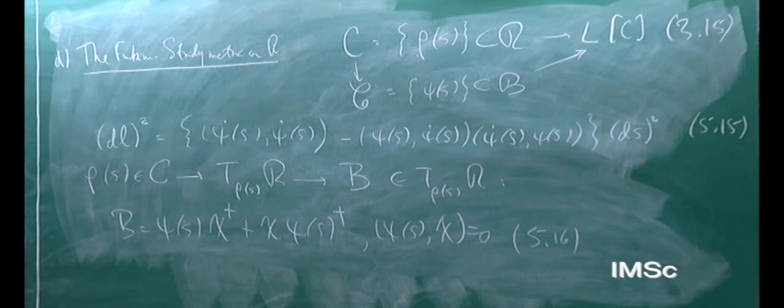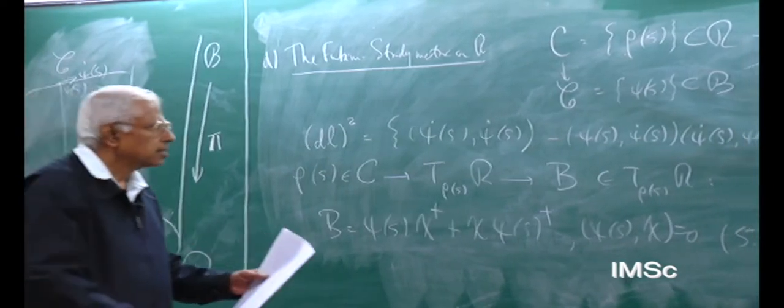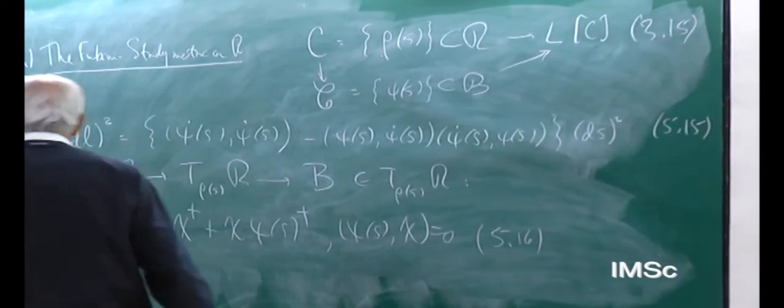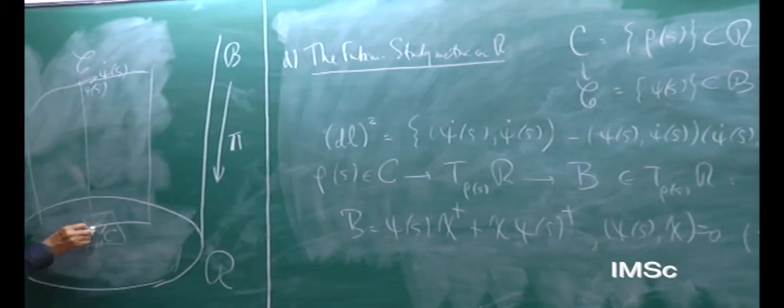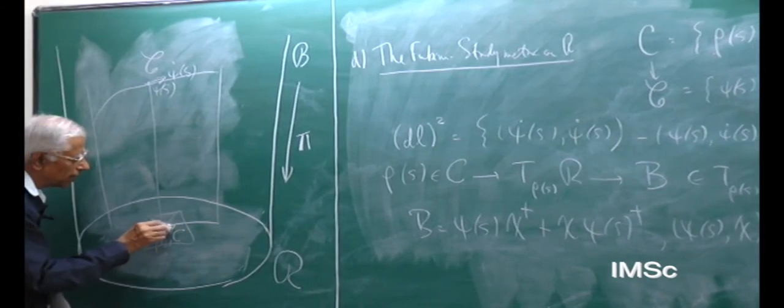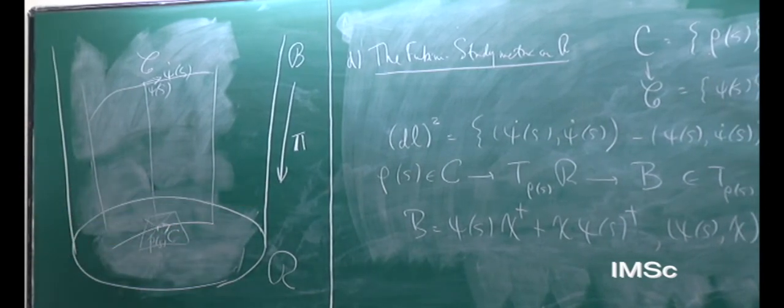So I don't know how to indicate it. I may just draw something like a plane touching R at that point. So suppose you say that you're traveling along this curve, and at this point, your curve is pointing in the direction of this tangent vector.